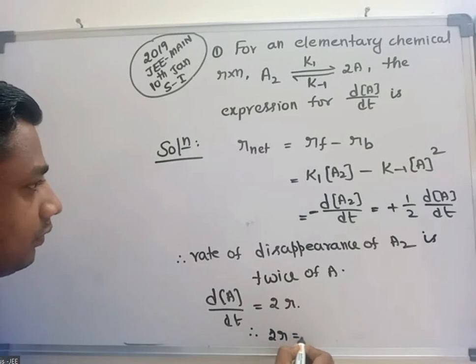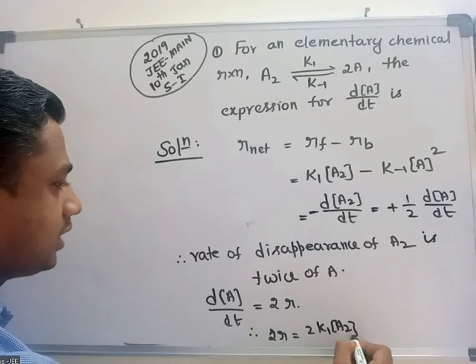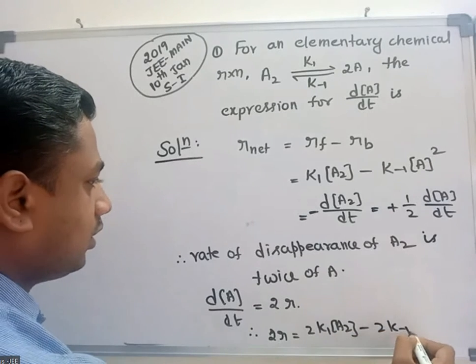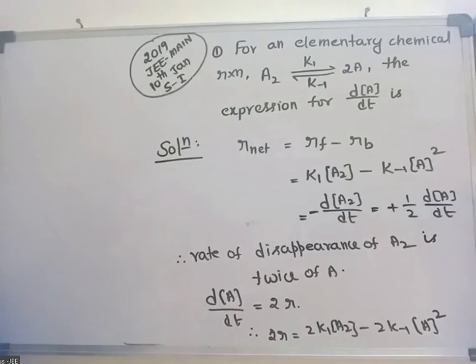R equal to 2 into K1 into concentration of A2 minus 2 into K minus 1 into concentration of A whole square.